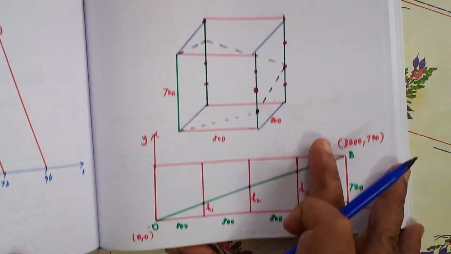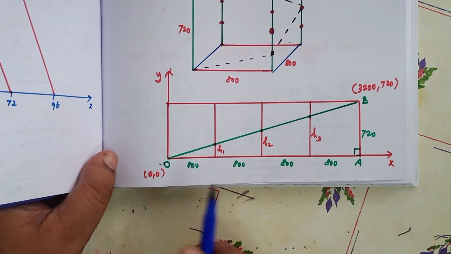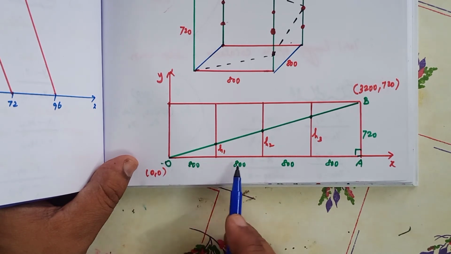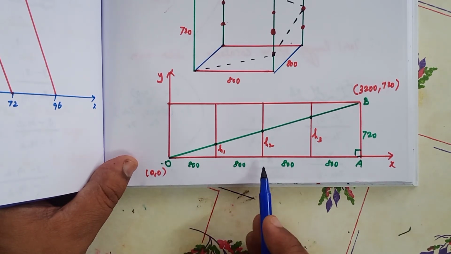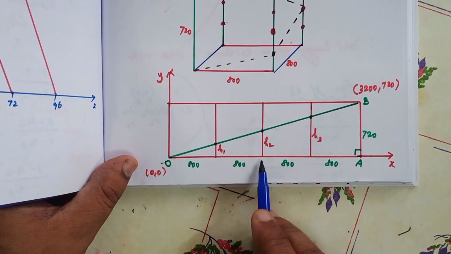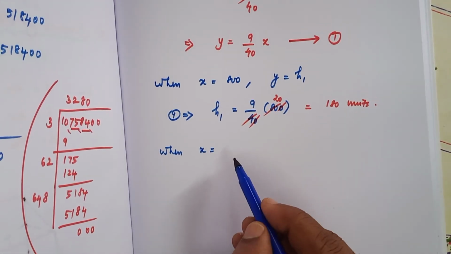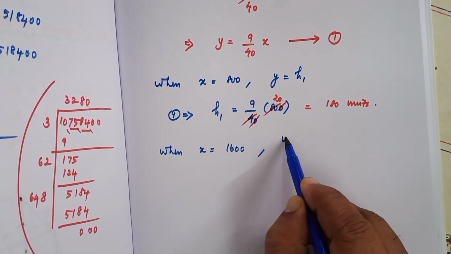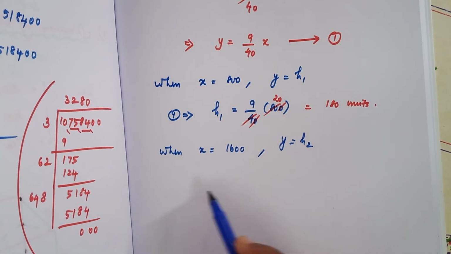Now I am going to find out h2. For finding h2 from the origin, you have to find out the distance from here to here: 800 plus 800, 1600. And the vertical one, that is y, y is equal to h2. X is equal to 800 plus 800, 1600, and y is equal to h2.